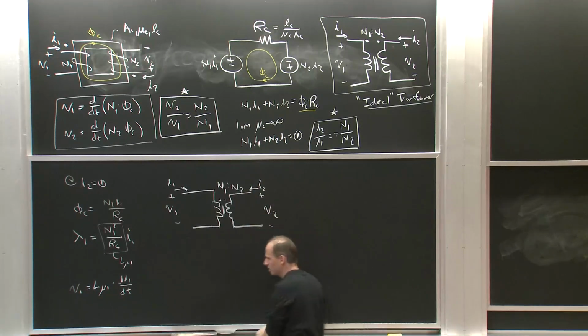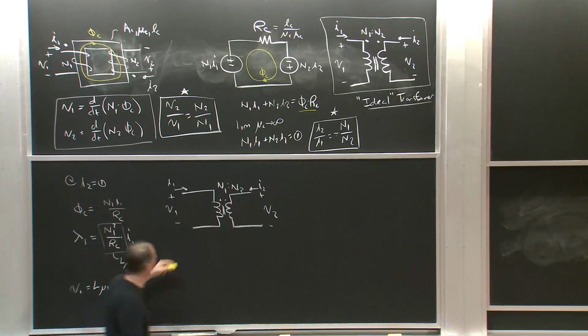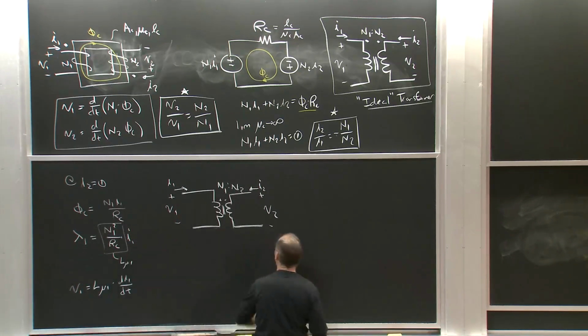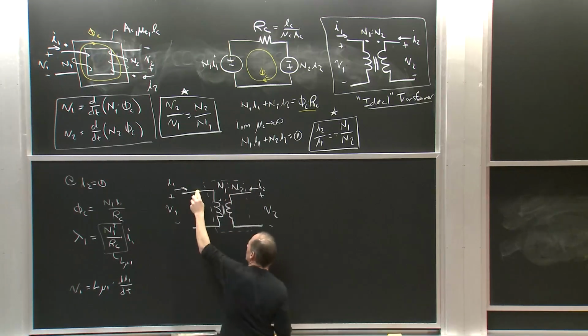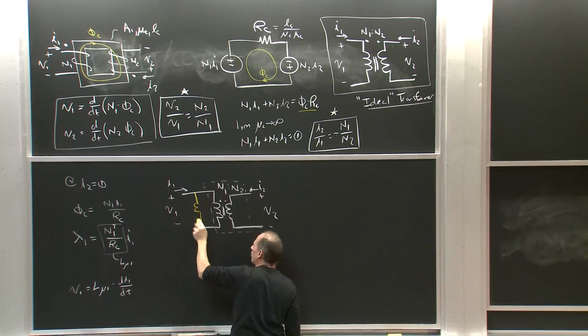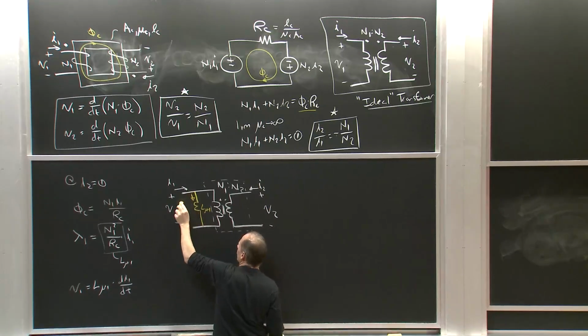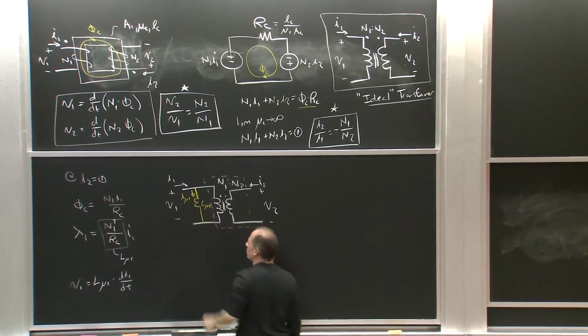But maybe I could just say, all right, let me model this as an extra inductor. This is my ideal transformer here. Let me model this behavior as another inductor, and I'm going to call this inductor L mu 1. And I'm going to call this current I mu 1. Okay?